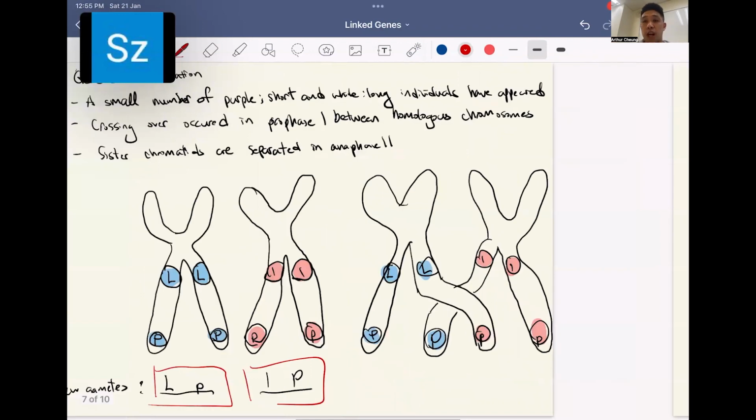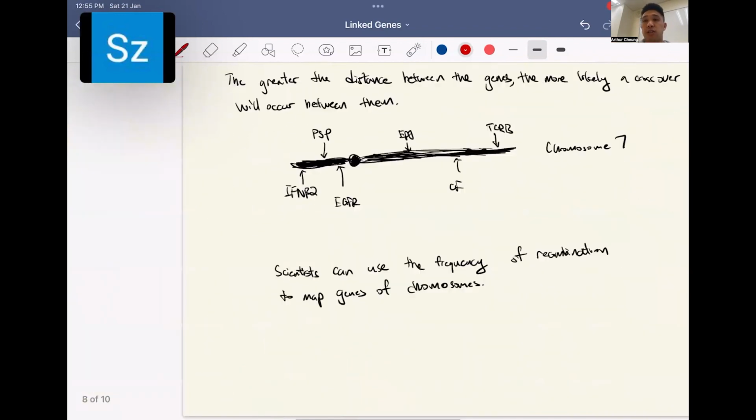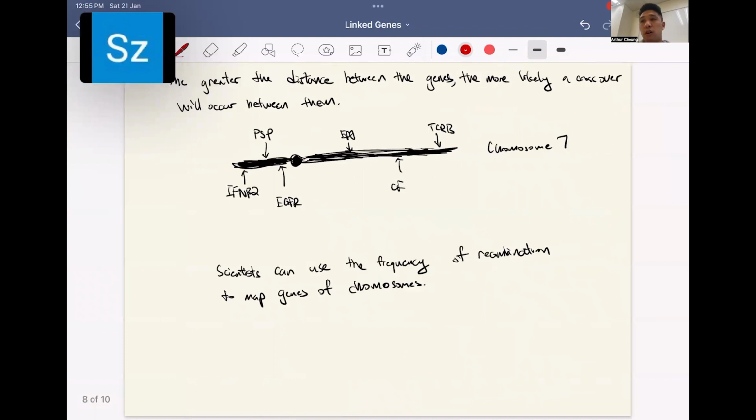So scientists also found out that the greater the distance between the genes, the more likely a crossover will occur between them. An example can be shown here. In chromosome 7, there are a couple of genes located on there. Let's take PSP, EGFR, and CF gene for example.